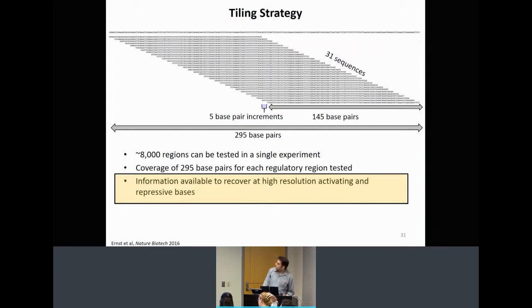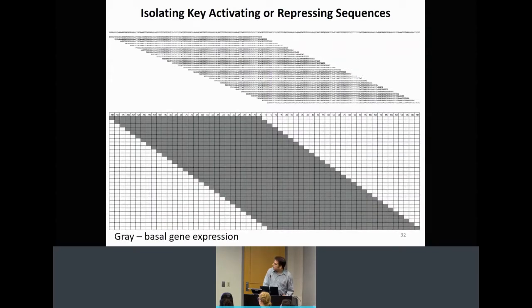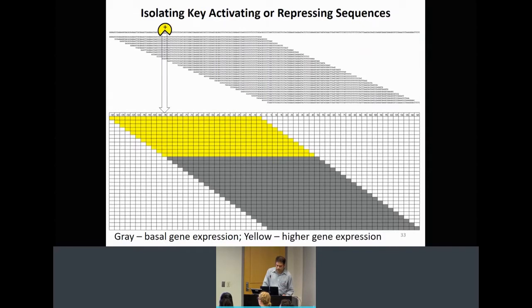So how do we go from these overlapping sequences to inferences of the high resolution activating and repressive bases? To give you some intuition, this is showing you the 295 base pairs of sequence and then the 145 base pair subsequences. Now suppose there was an important activating sequence right here, at that location where the yellow plus is, that was sufficient to turn on gene expression.